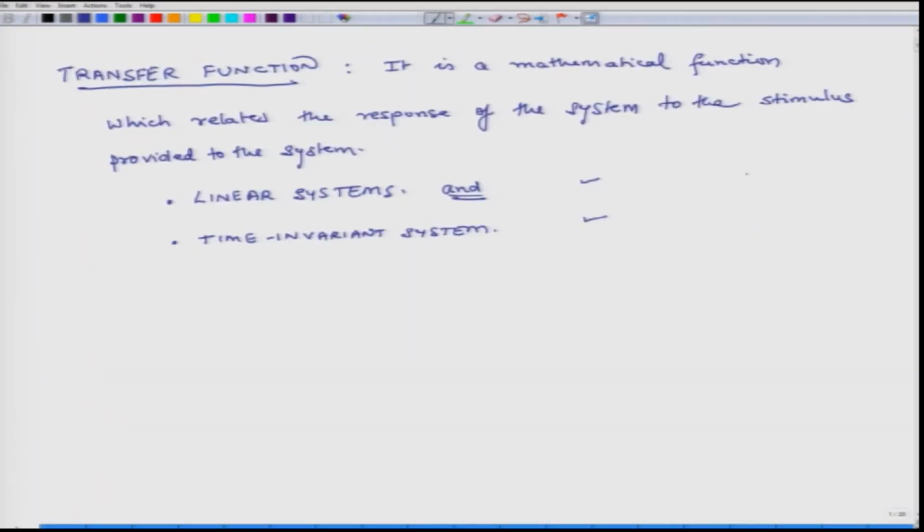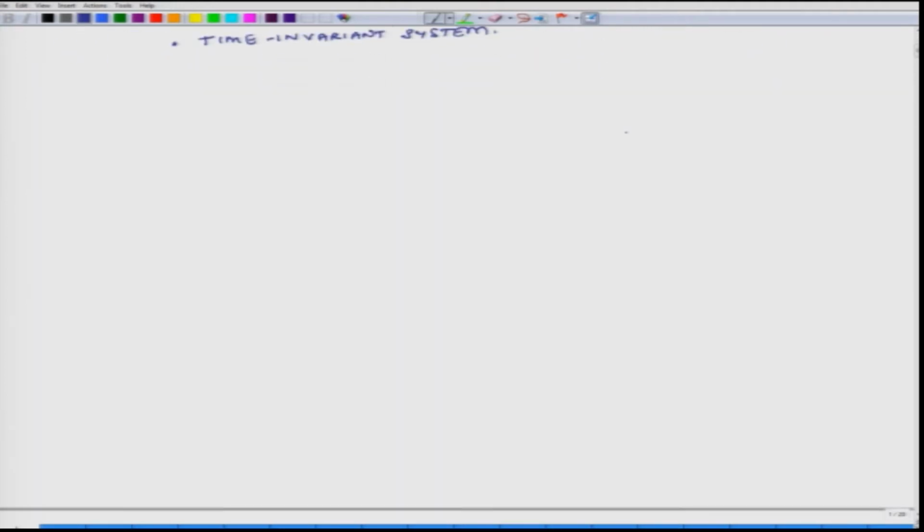So, a transfer function is a mathematical relationship which relates the response of the system to the stimulus provided to the system. So, we will do some examples. First example could be a voltage amplifier.